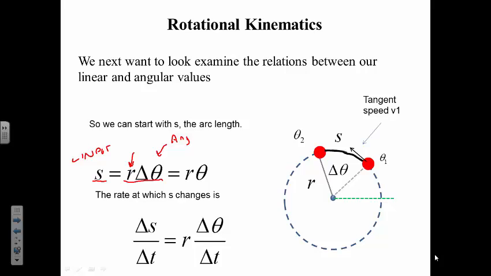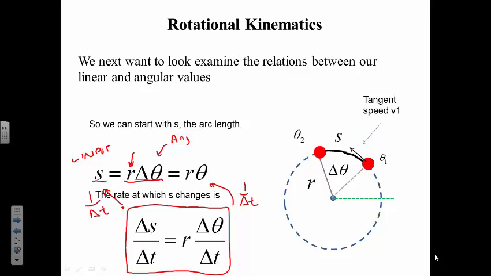So we can think about dividing both sides by delta t. When we do that, we get delta S over delta t equal to R delta theta over delta t. Because R is fixed, it doesn't change in time, so the only change on this side is in our theta.